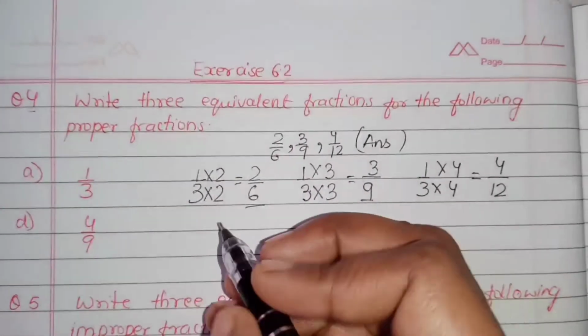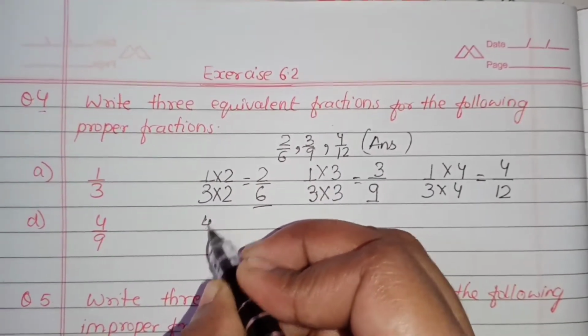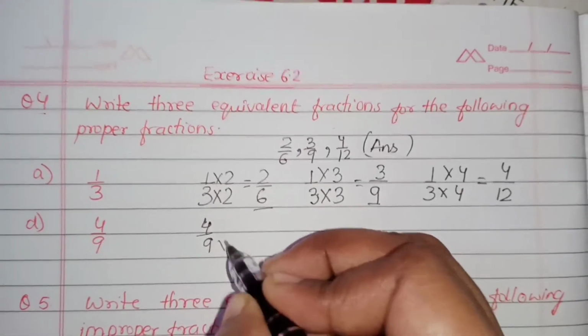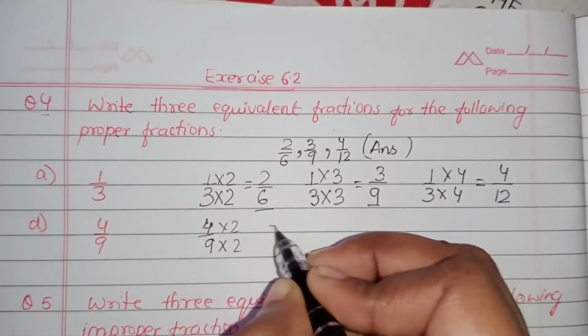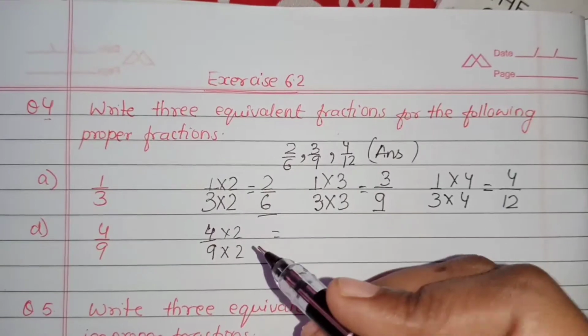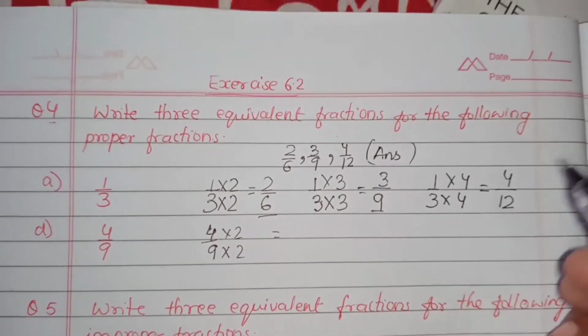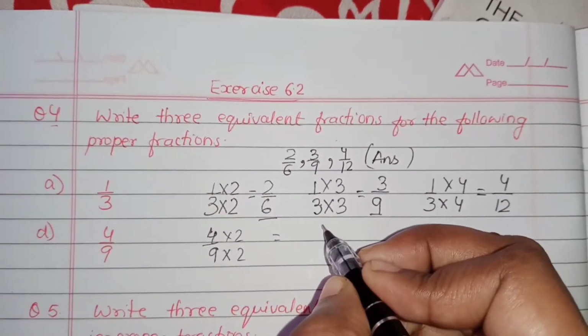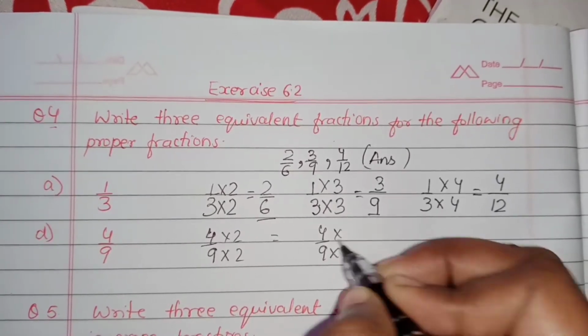Now in the same way we will do this one also. Copy the question. First we'll multiply by 2. Three equivalent fractions means first we'll multiply by 2, then by 3, then by 4.